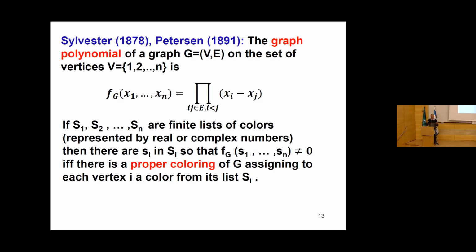This is obvious by definition, because if this is non-zero, it means that each of these terms is non-zero, namely x_i, the value it got, is different from x_j for every two adjacent vertices, which is exactly a proper coloring. So this indeed calls for using this combinatorial notion that you see, even the notation is the same as I used. The conclusion was that f(s_1, ..., s_n) is not zero, right? So we should be able to say something using this.